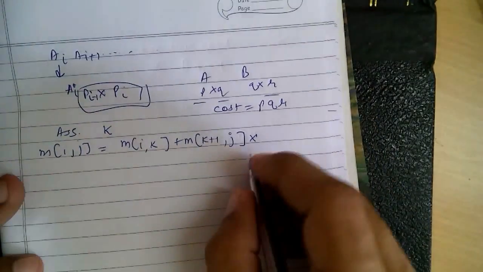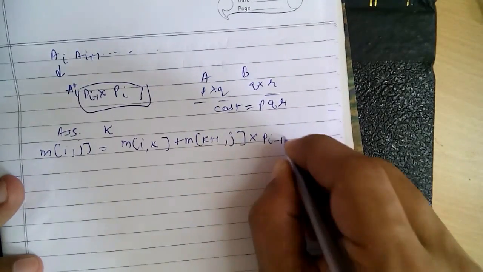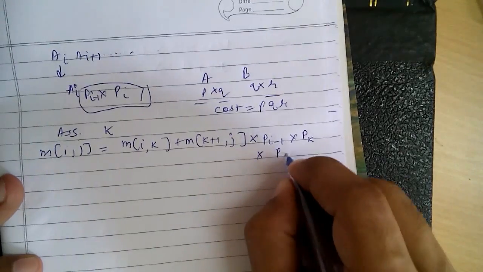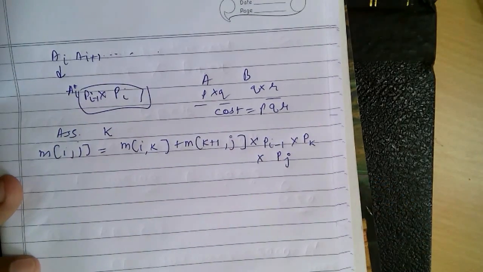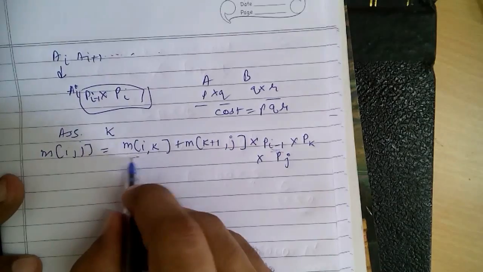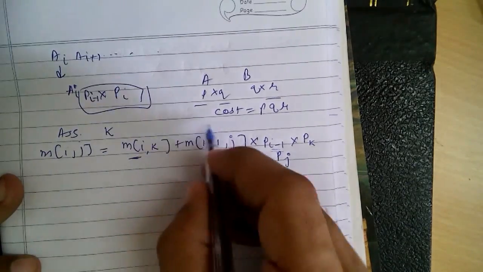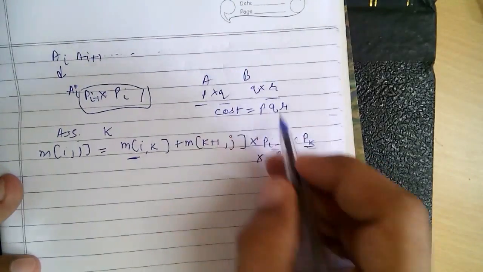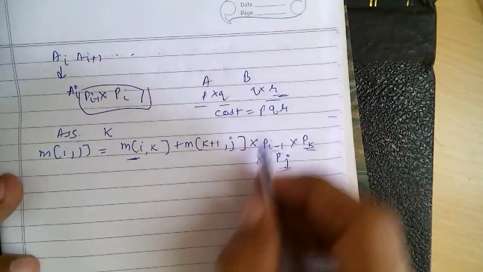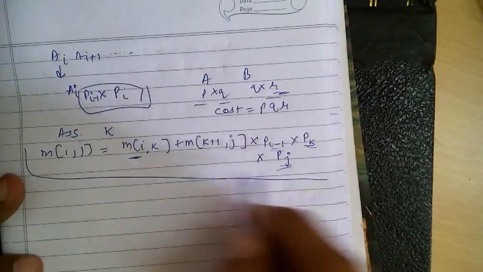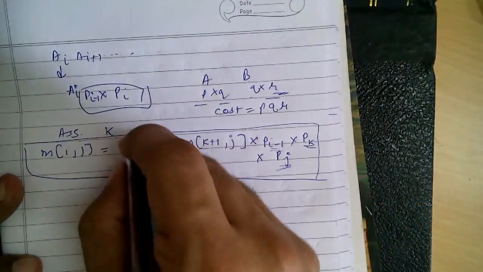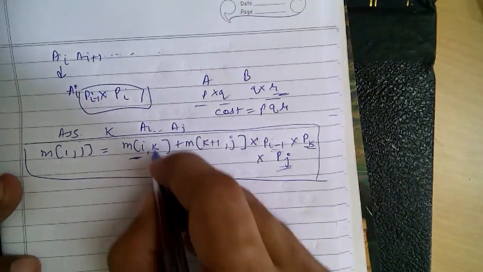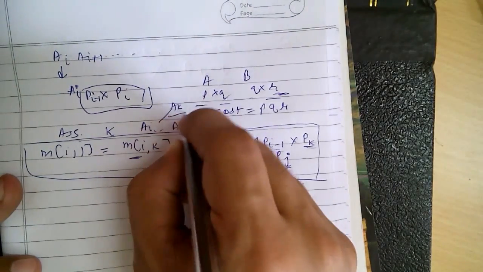Applying the same here, the cost is p i minus 1 into pk into pj. Okay, as p i minus 1 is of this, pk, that is the same column, and pj is the last. So this is the cost for multiplying Ai to Aj, where we split at Ak.